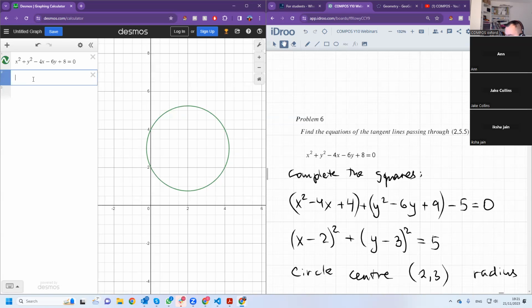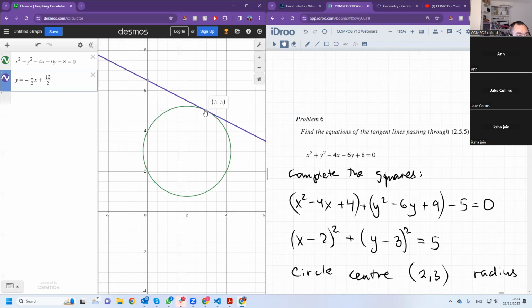Then we draw a line. So y equals minus 1/2 x plus 13/2. And it is a tangent, and it does go through this point 2, 5.5. So that makes sense.